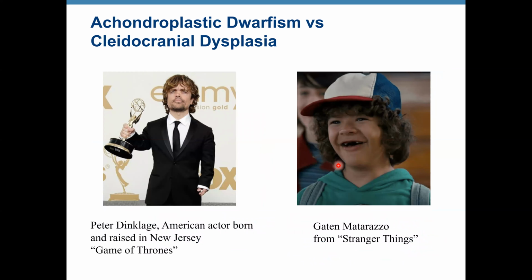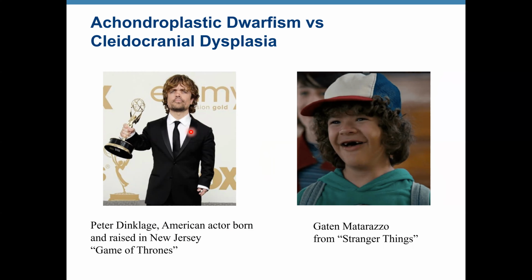Now on this picture, you can see two genetic conditions, achondroplastic dwarfism, that's this one, and cleidocranial dysplasia, this one. And those genetic disorders affect ossification. Achondroplastic dwarfism affects endochondral ossification.